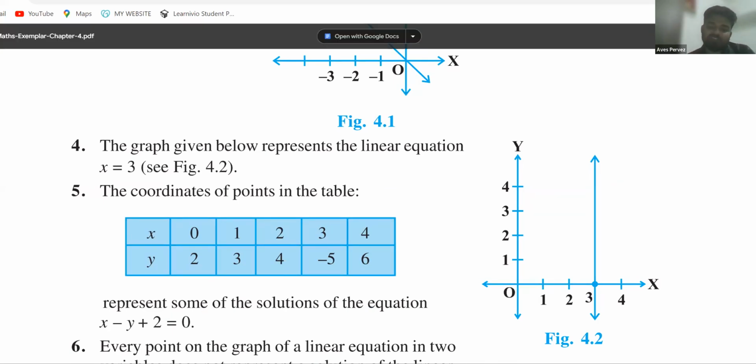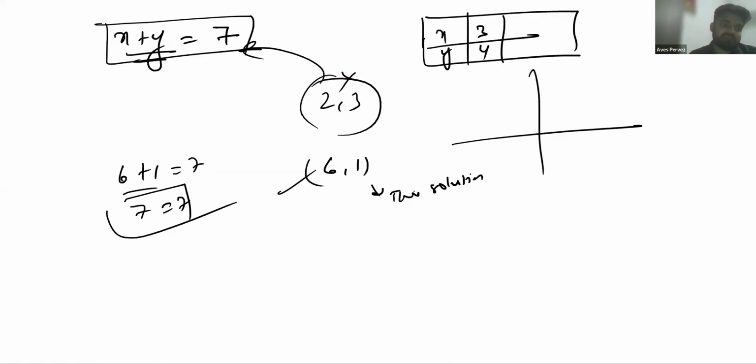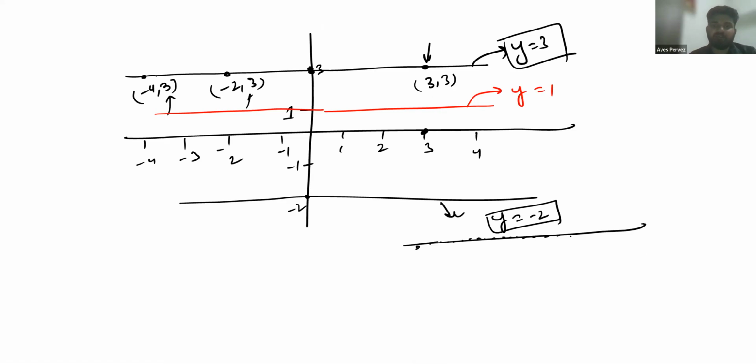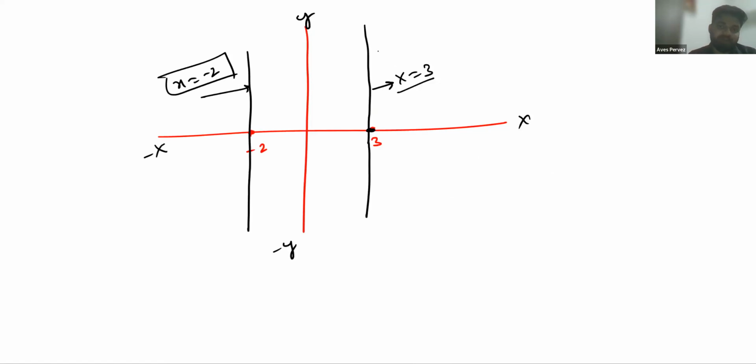So what I was teaching you in the previous class, check. If a line is parallel to the x-axis and it is passing through 3 on the y-axis, then it will have exactly the same value at which it is cutting the y-axis, that is y equal to 3. But if a line is parallel to the y-axis and it is passing through 3 on the x-axis, we are going to have x equal to 3.